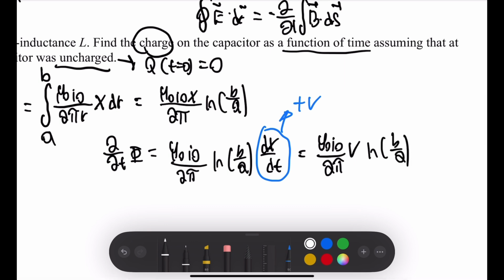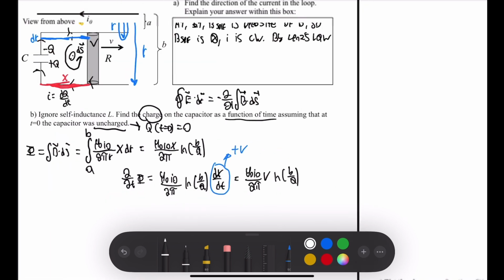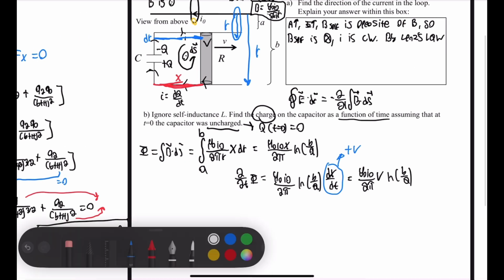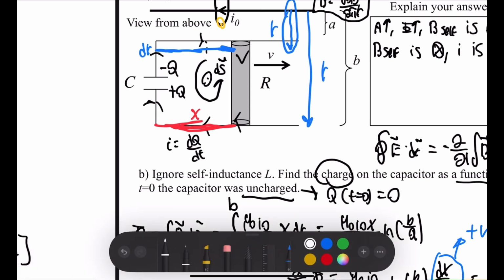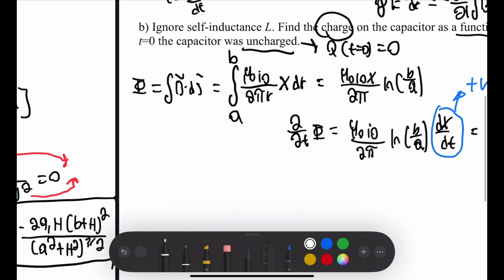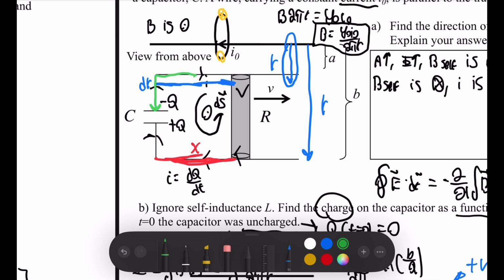And the last thing we need to do is go around the loop and then set it equal to this. If I go the way I put ds, I'm coming down the loop. I touch the negative plate of the capacitor, so this will be negative q over c. Then I keep going down and I climb up the wire, but my current's going the other way, so I'm opposing it.